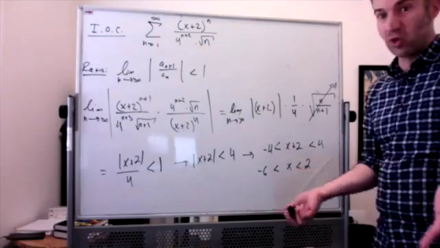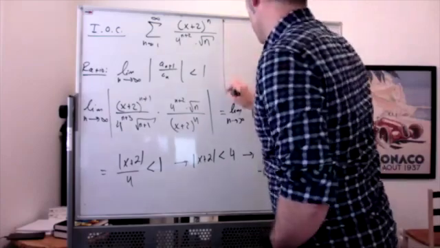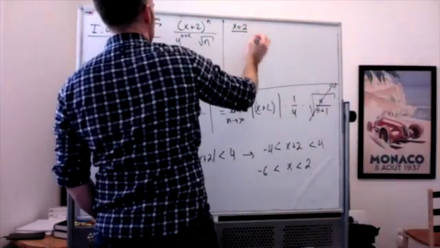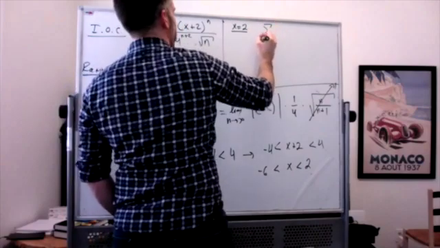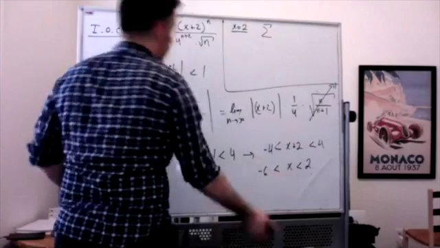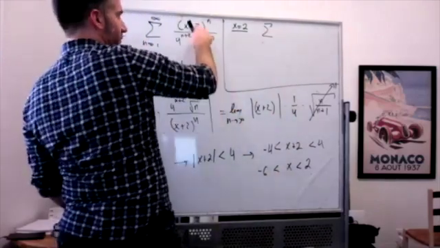So let's check 2. We plug in x equal to 2, and we get the sum of 4 to the n over 4 to the n plus 2 times the square root of n. You don't need to write the n equals 1 to infinity part; that's not super important.